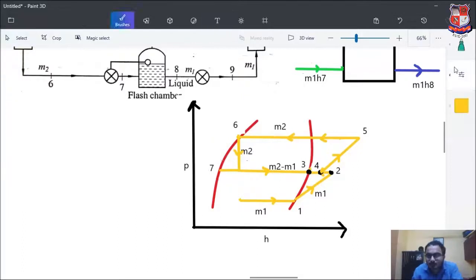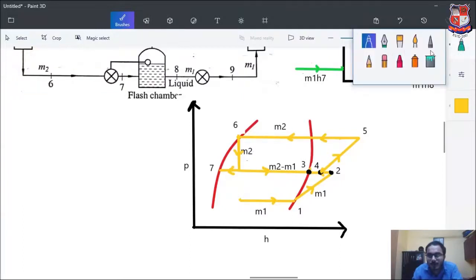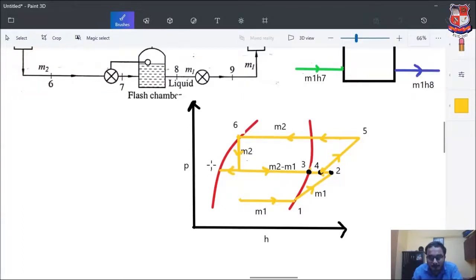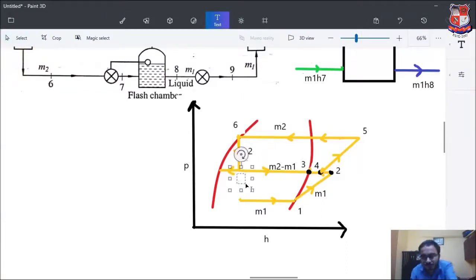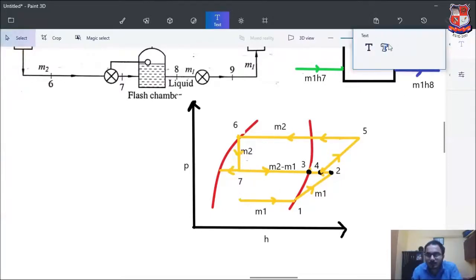Okay, here the final point is 8. So this has to be point number 7, then this will be point number 8, then from 8 to 9 expansion is happening.